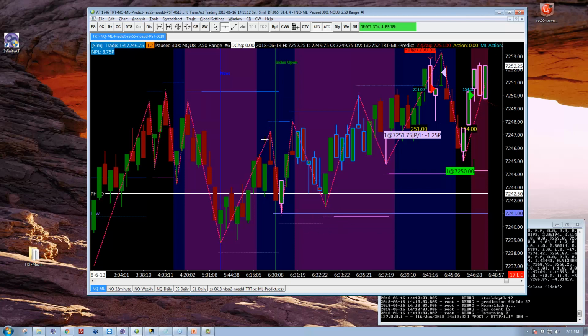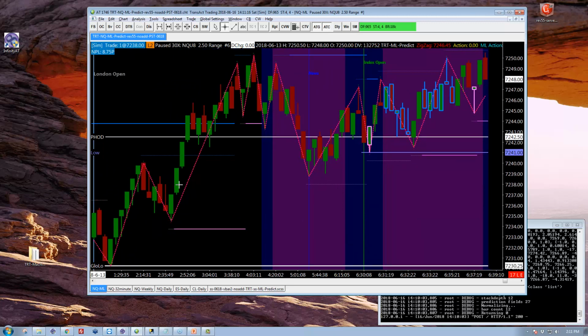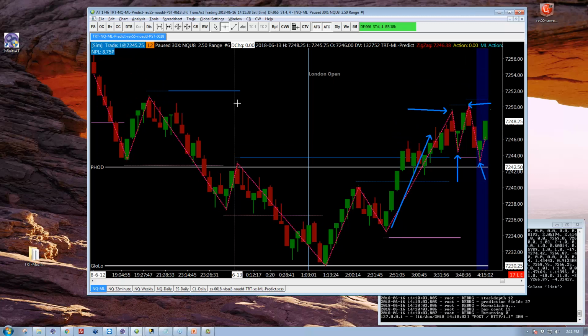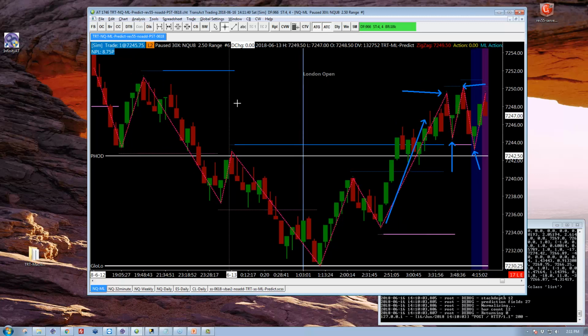So one, if we look up here after this sharp move, you need that point, that one, and that one. If you've got those 4 points, you as a human can look at that and go, okay, that looks sideways now.